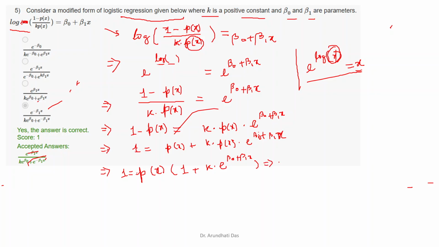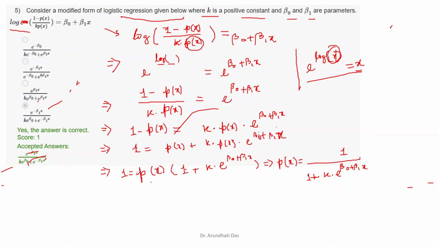So p of x will be equal to 1 divided by 1 plus k multiplied by e to the power beta naught plus beta 1 x, correct.